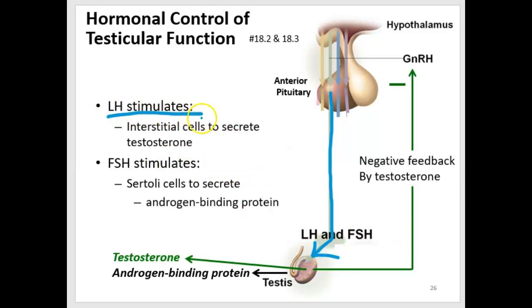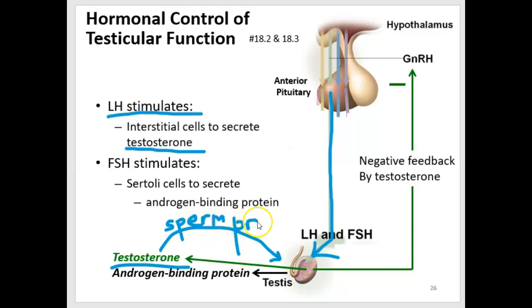The luteinizing hormone stimulates the production of testosterone, and testosterone is going to cause spermatogenesis. So the testosterone that's produced will cause sperm production. It also will travel throughout the bloodstream and cause the further development of secondary sex characteristics.